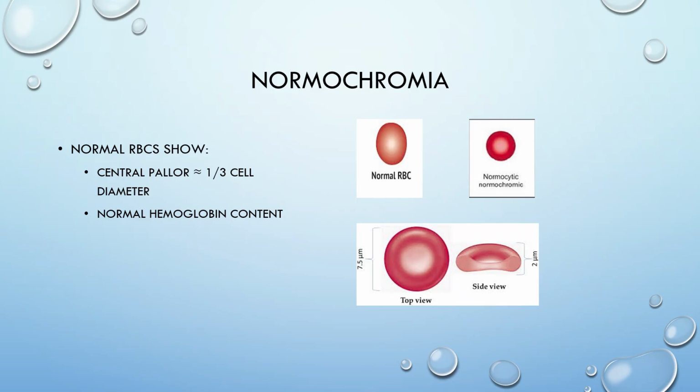So normochromia doesn't necessarily mean everything is perfectly normal clinically. It simply tells us that individual red blood cells contain appropriate hemoglobin levels. Recognizing this normal baseline is important because it allows us to clearly identify when the cells begin to deviate from that appearance.